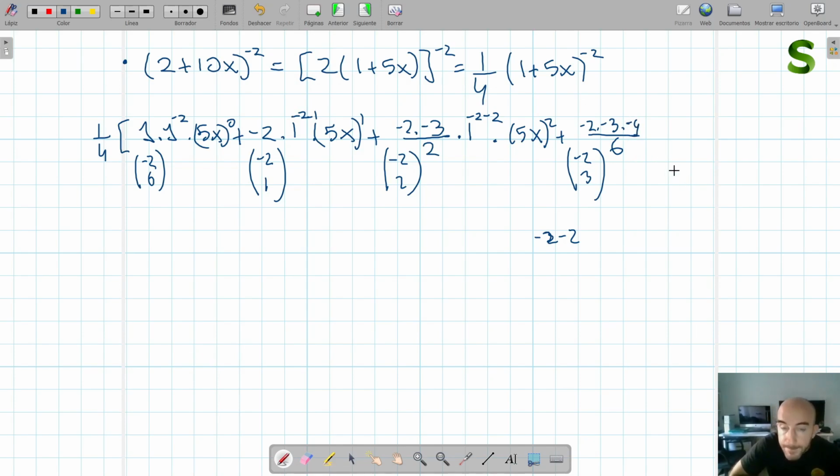Okay? And as I said, 3 terms, because the bottom number is 3. Times 1 to the power of minus 2 minus 3 times 5x to the power of 3 plus.